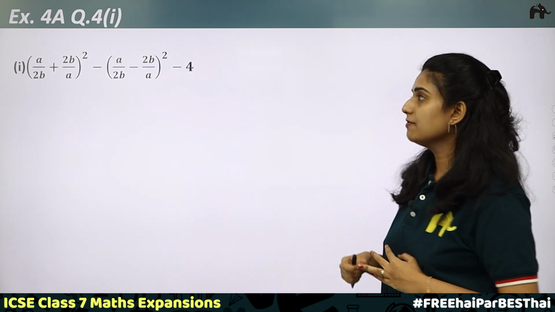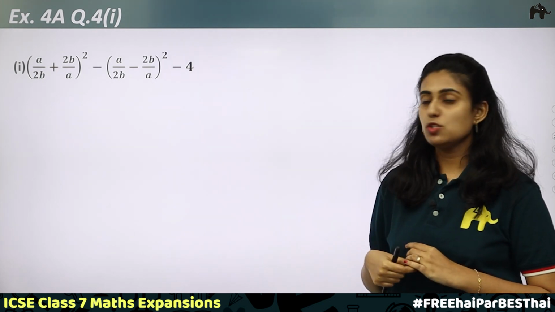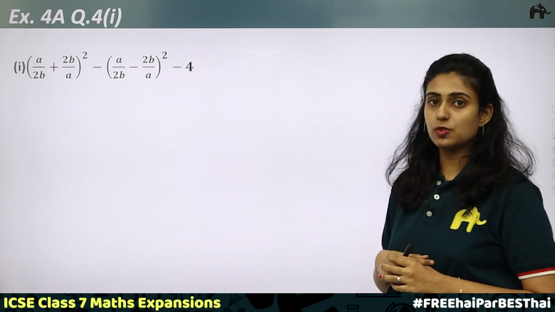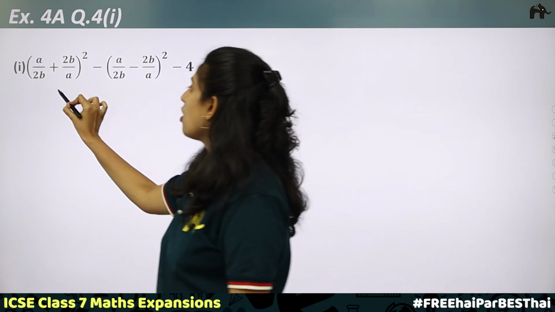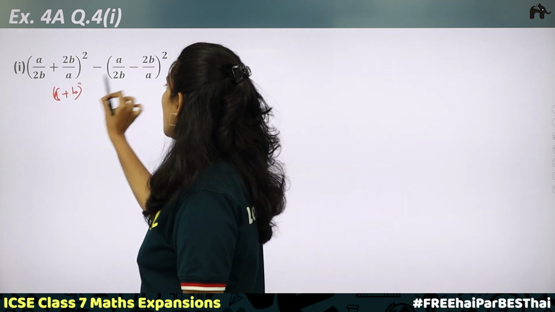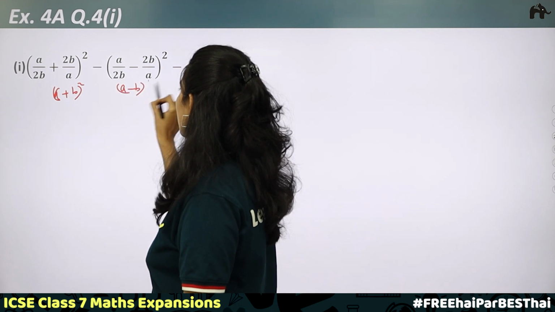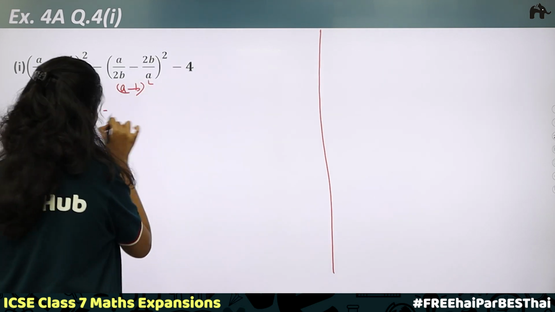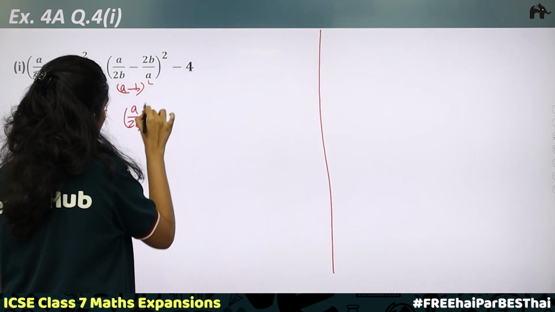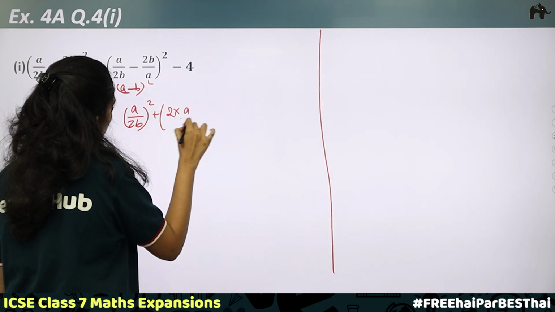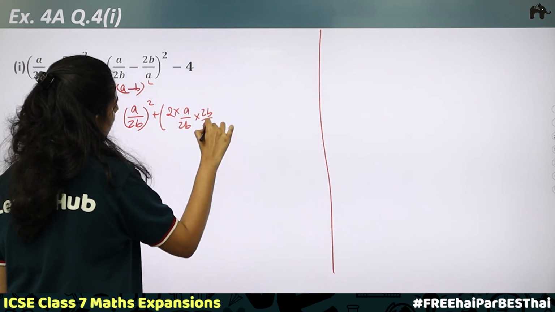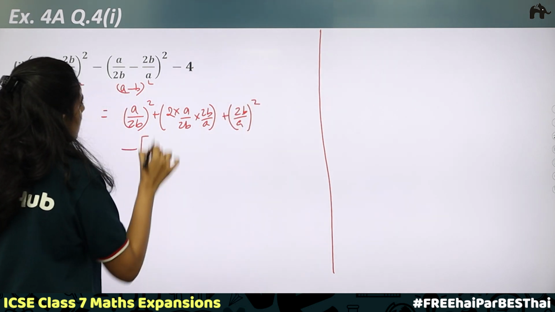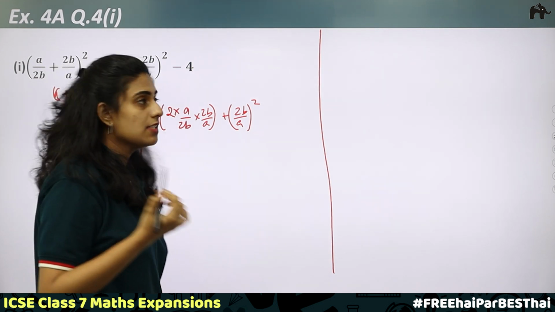Question number 4, sub-question 1 of exercise 4A. A by 2B plus 2B by A whole square minus A by 2B minus 2B by A whole square minus 4. Here, this is of the form A plus B whole square and this is of the form A minus B whole square. Now, we will expand. You will be getting A by 2B square plus 2 into A by 2B into 2B by A plus 2B by A whole square, minus, this is A minus B whole square, which is A square minus 2AB plus B square.